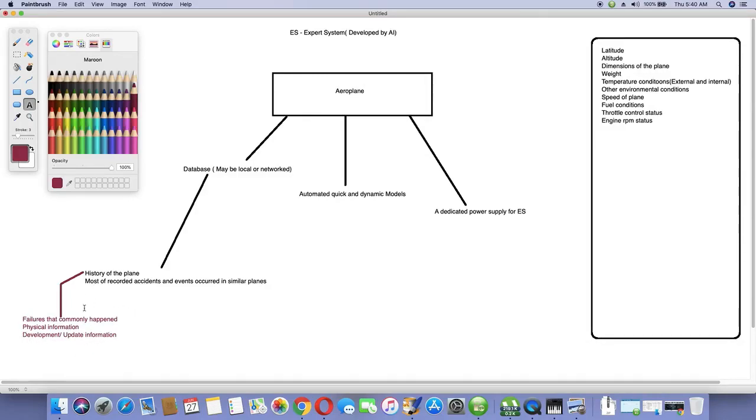I'll show you later how the relationship is built between the history of airplanes and that AI system, and mostly the recorded accidents and events that occurred in the airplane. I'll show you what that is.